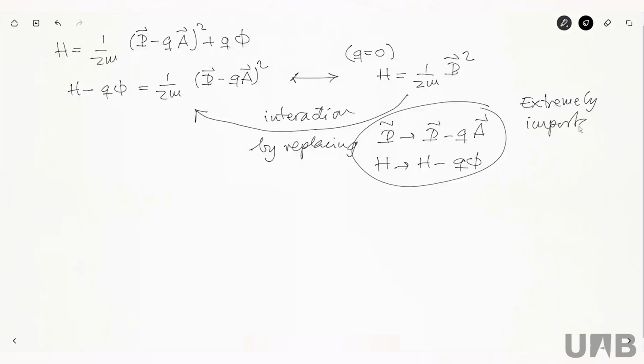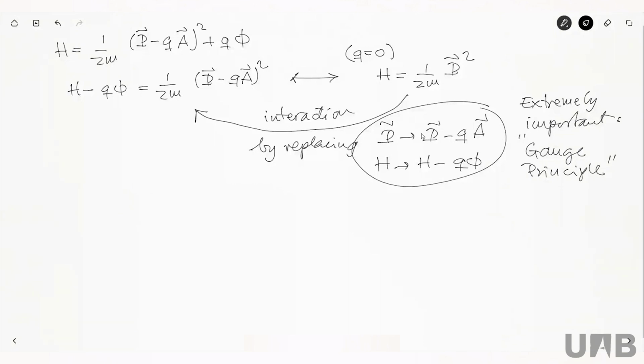And this is why I want to mention it at this point. This replacement here is called the gauge principle. It tells you that in order to find how a particle interacts with the electromagnetic field, all you have to do is write down the Hamiltonian for that particle as if it was free, and then make this replacement.